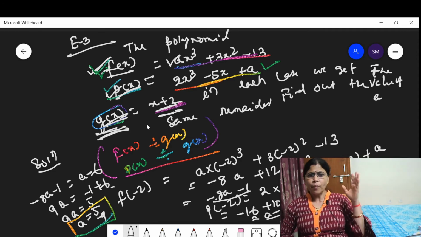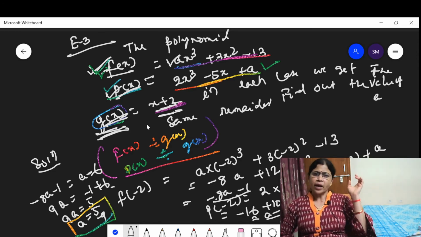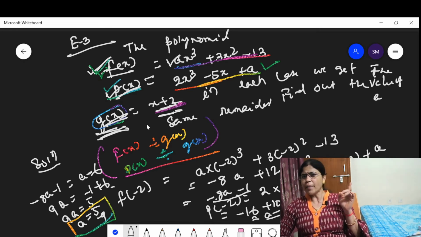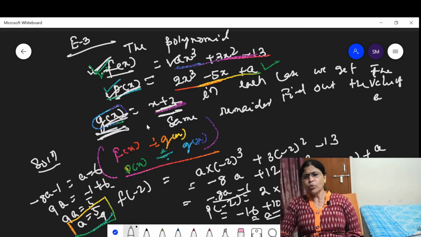Then f of minus 2 is minus 8a minus 1. According to the remainder theorem, when p(x) is divided by g(x), p of minus 2 is the remainder. Then p of minus 2 is a minus 6.